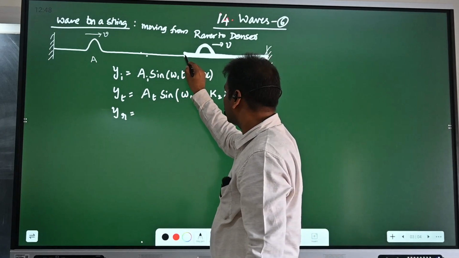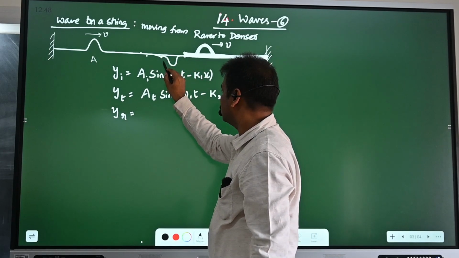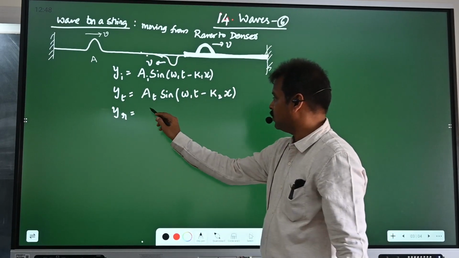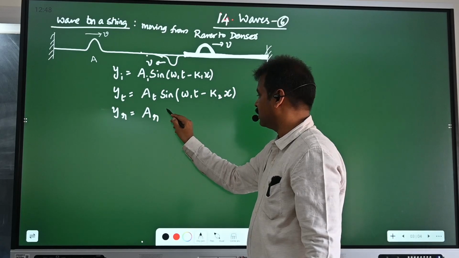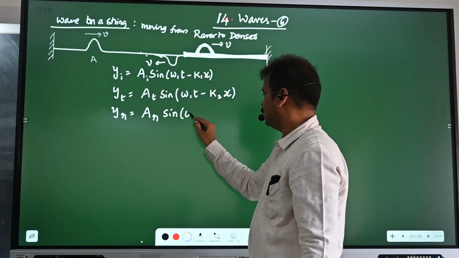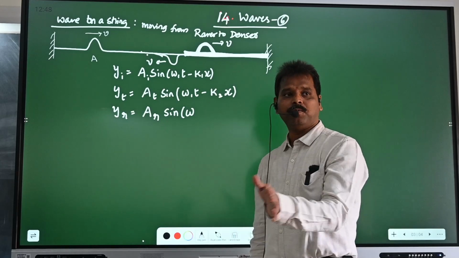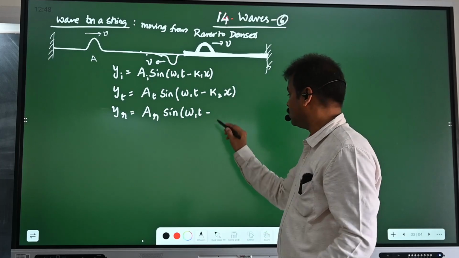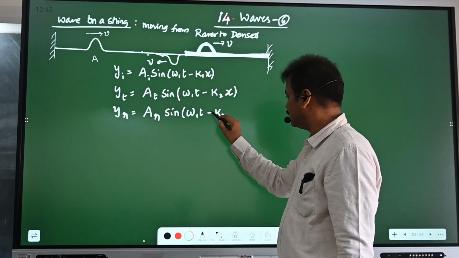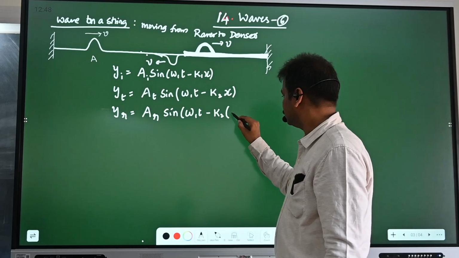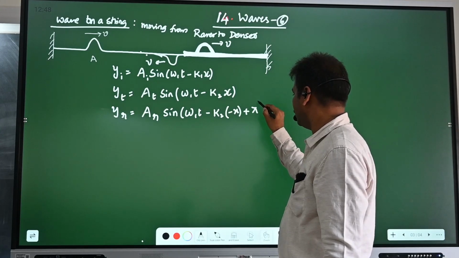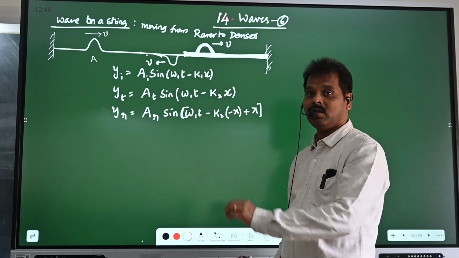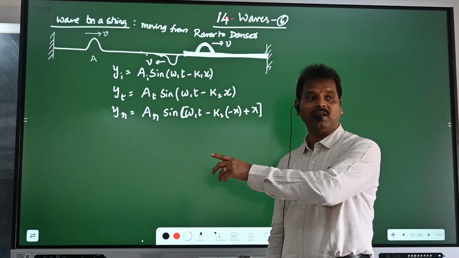Reflected. So what can you write? A reflected sine. Does omega change or not? For reflection there is no change in omega. Omega t minus k2, minus x plus phi. Going from rarer to denser, the phase change will be 180 degrees or pi radians.